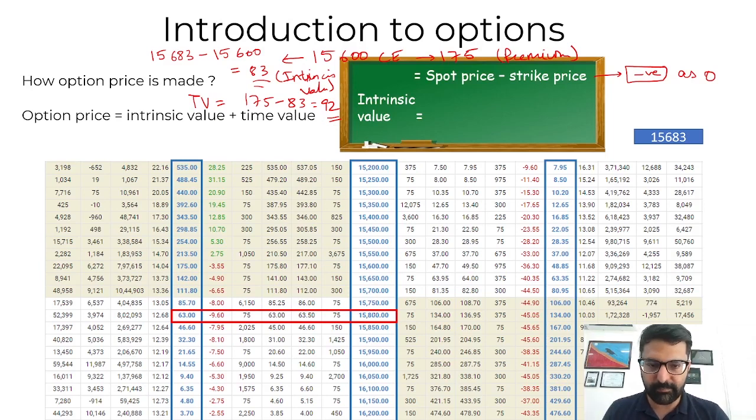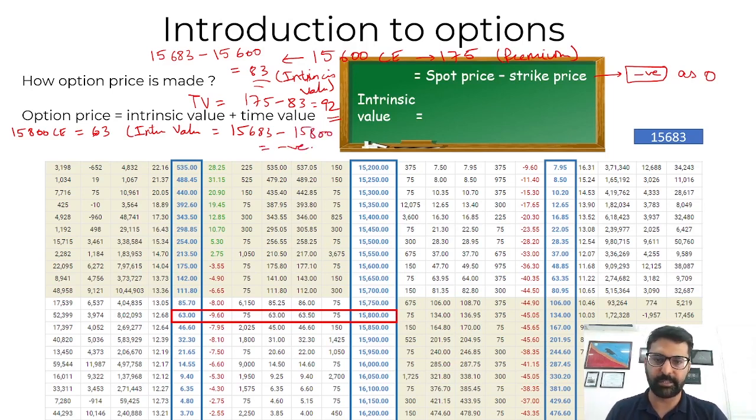So now let's look at the 15,800 call. Okay, so 15,800 call, let me put it here. The total premium is 63. Now the intrinsic value we know is equal to spot price 15,683 minus the strike price 15,800. So this is coming out to be negative.